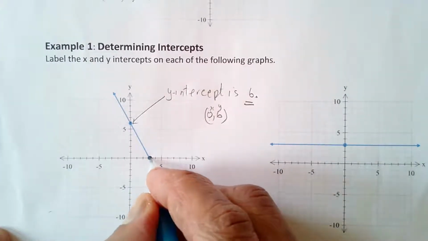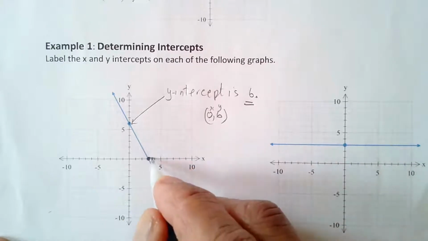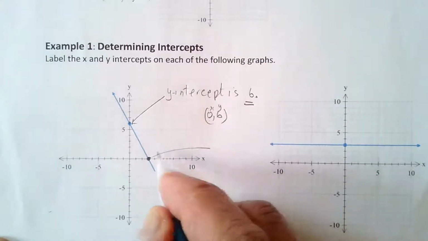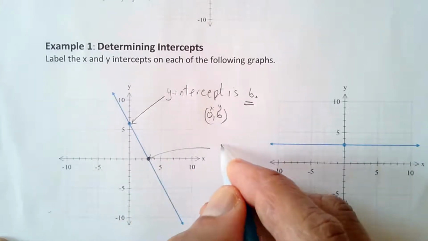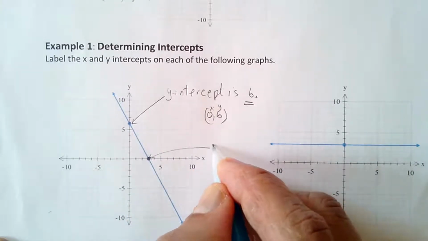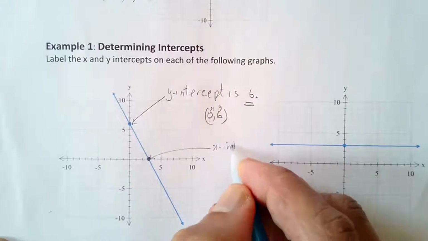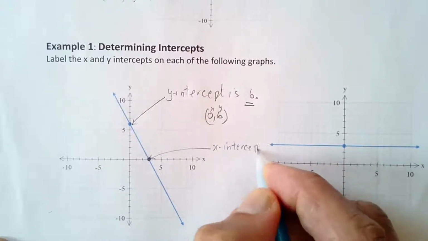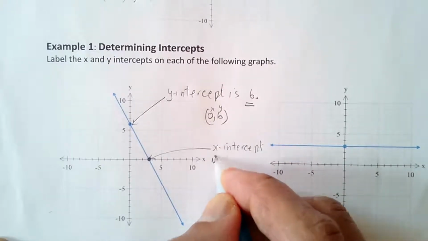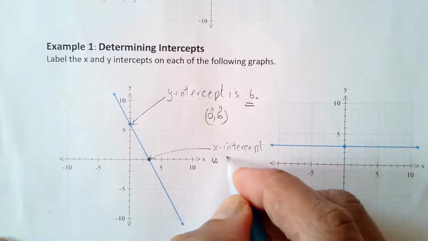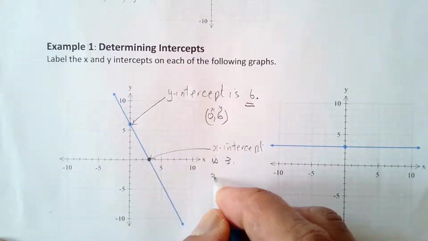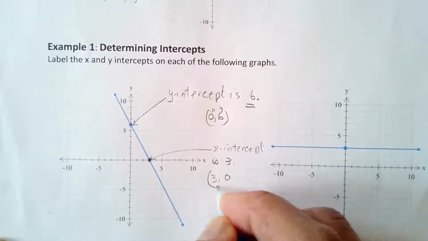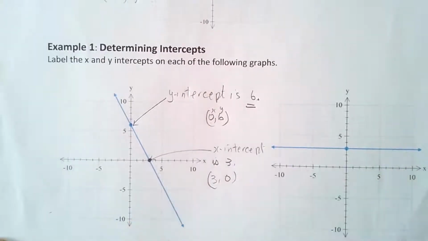The x-intercept, which is this point here, is 1, 2, 3. The x-intercept is 3. The coordinates here would be 3, 0: x is 3, y is 0.